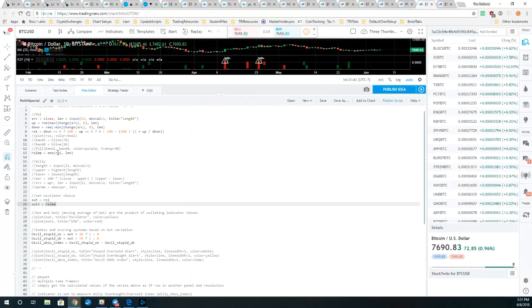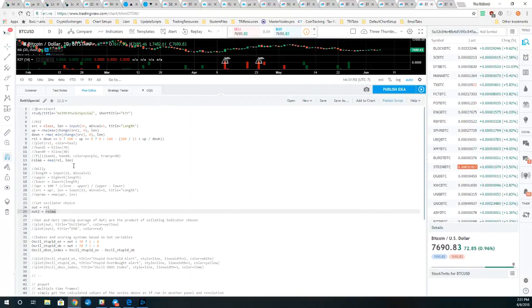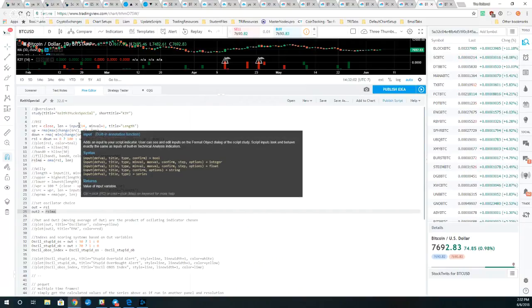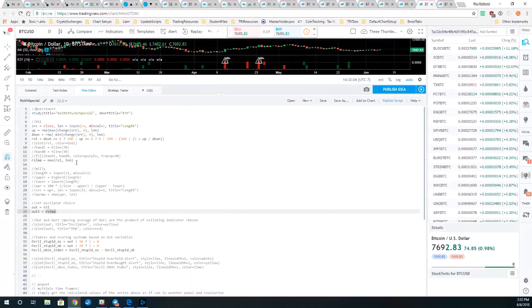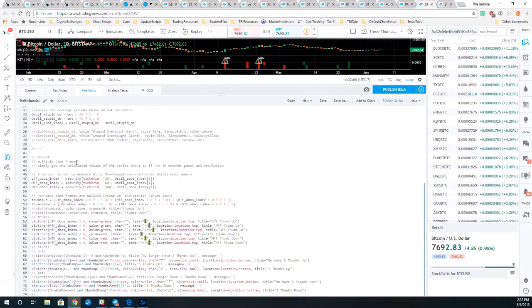RSI-MA equals EMA RSI and length. So it must be like the 14 period moving average of the RSI. Set to length, yeah. So then you make a moving average on moving average, right?